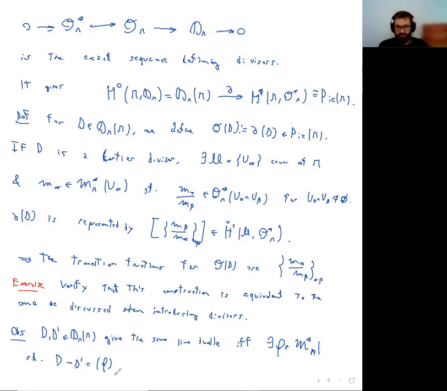Because O star, like the divisor associated to any function, star is empty.